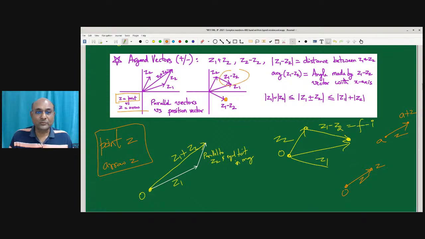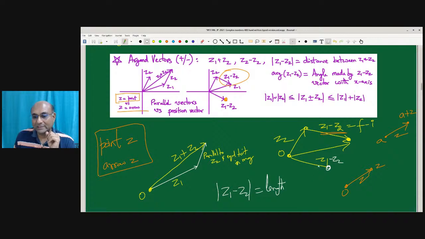This turns out to be very useful. That difference between two vectors is basically take these 2 points and find the distance between them, find the length between them. How is that useful? Because many questions will ask you this. You can say this point is Z1 minus Z2. So I want this length.